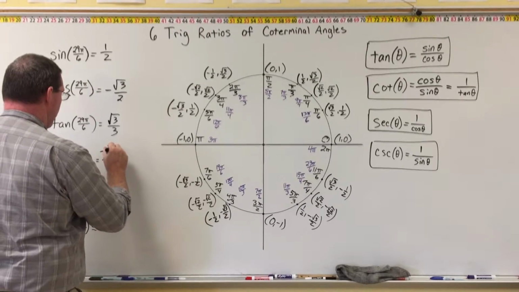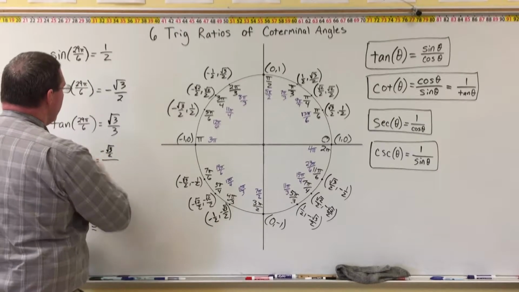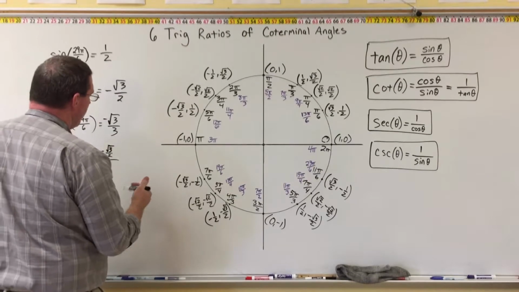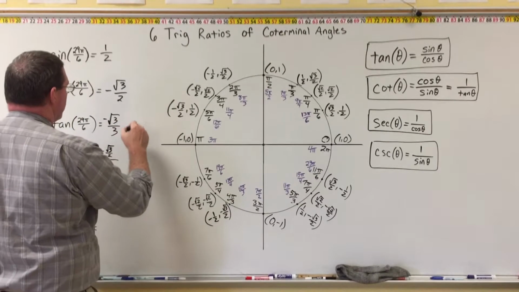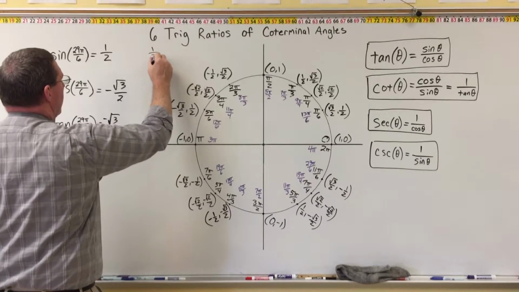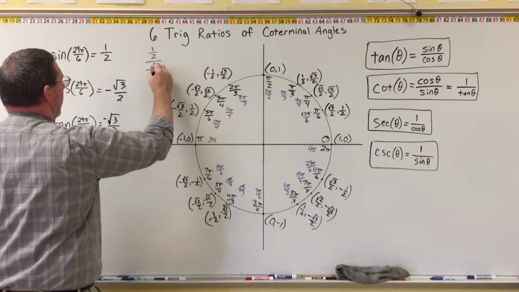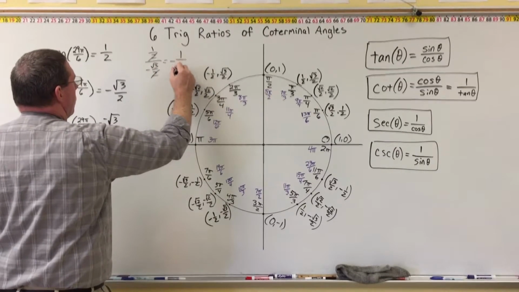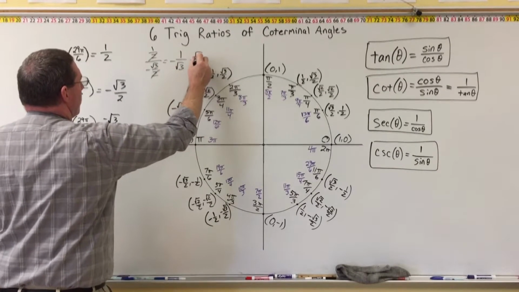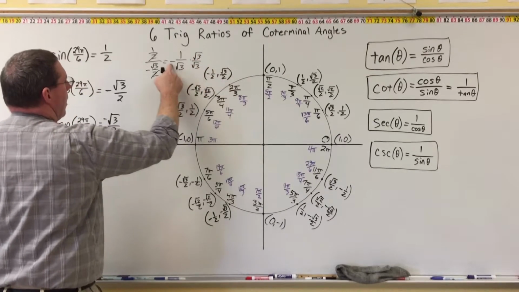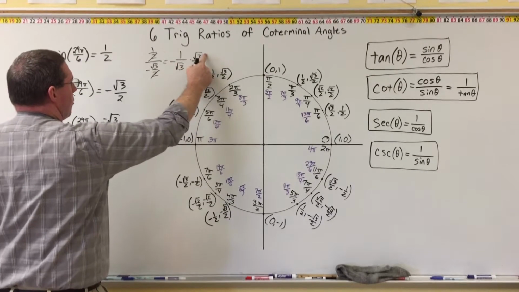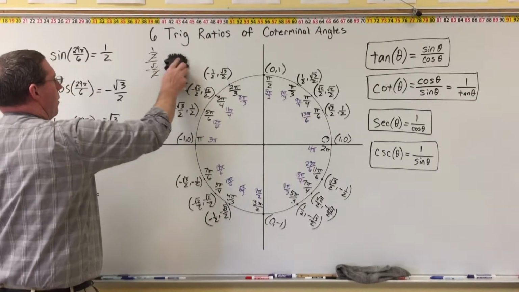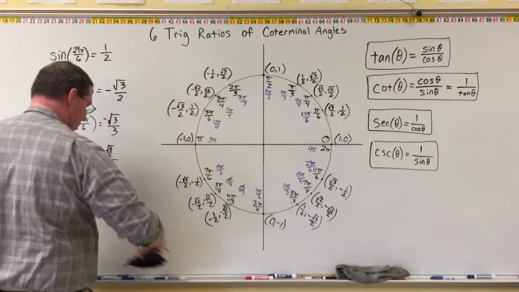This is negative square root of 3 over 2. Really, all it's going to do to this is make it negative. It's still going to be the same value. But just so we make sure, tangent is sine over cosine, right? Cancel the 2's. Now we get negative 1 over the square root of 3, multiply by square root of 3 over the square root of 3, and we wind up with negative square root of 3 over 3. Okay? Sorry about that, folks. Yep, I make mistakes all the time.